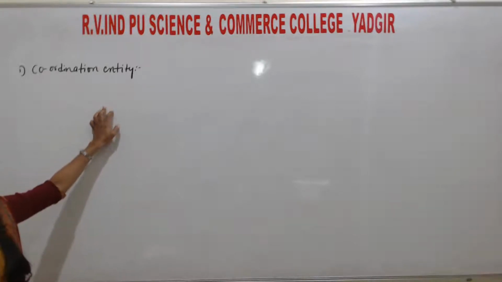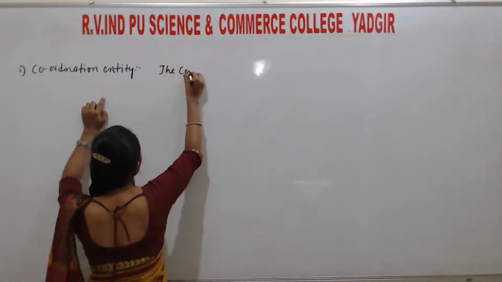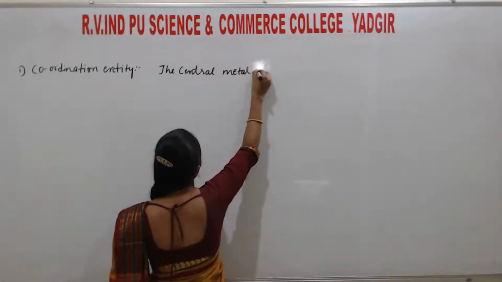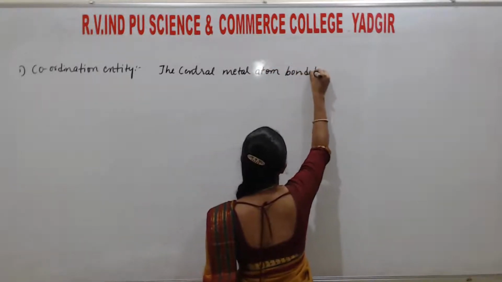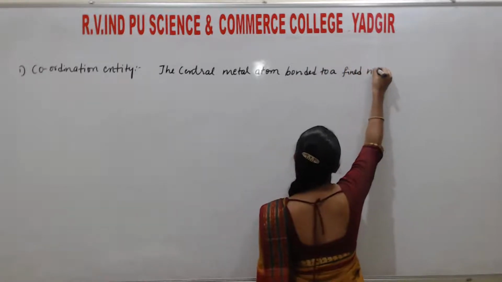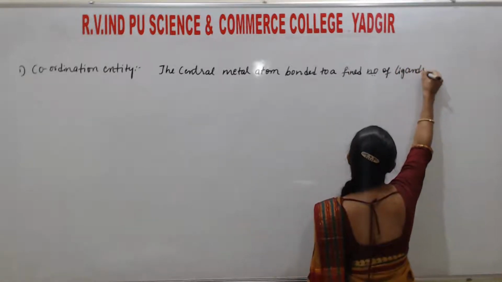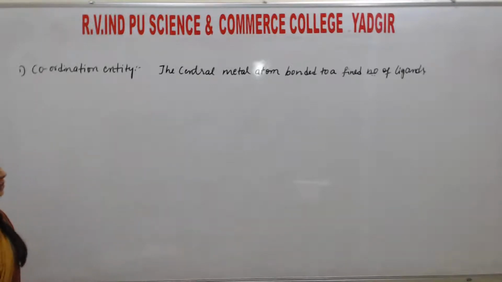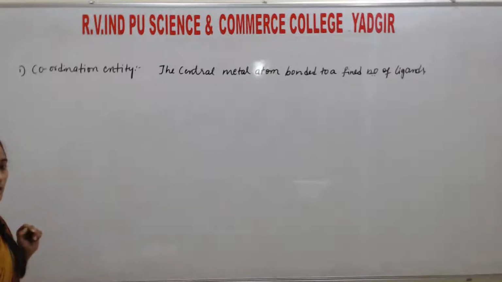Here it means the central metal atom bonded to a fixed number of ligands is called a coordination entity.